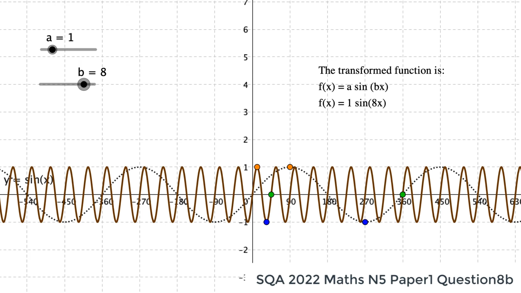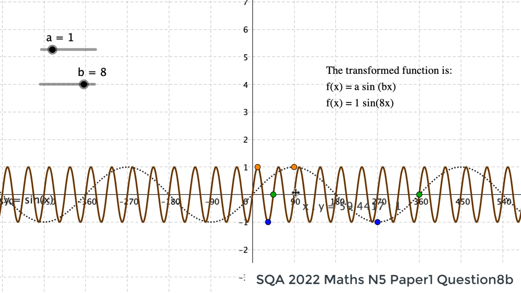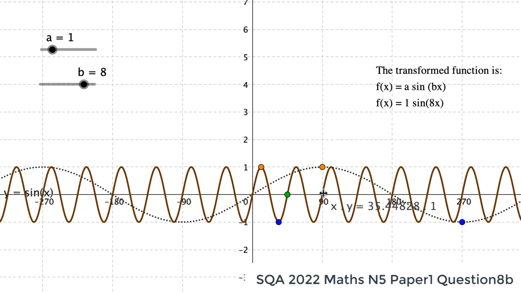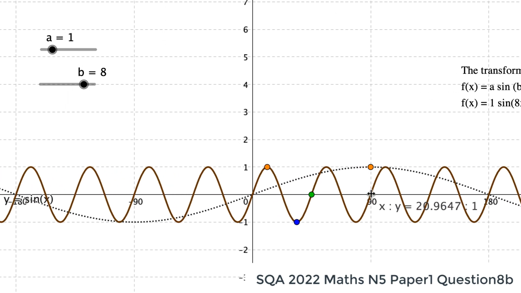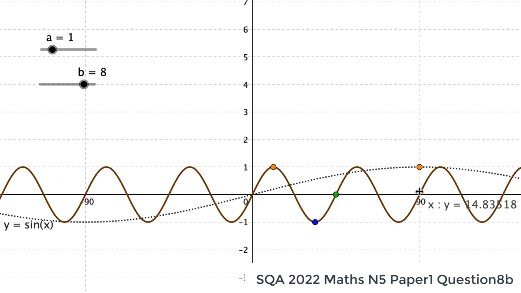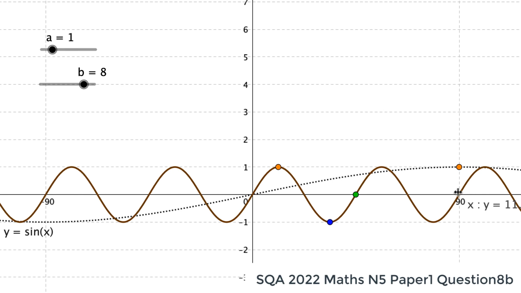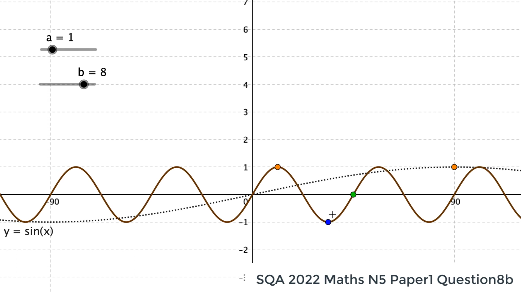Now, we should be able to extend this axis and we'll now have a graph that's a bit closer to the one in the question. There's 90 degrees, halfway between 0 and 90 is 45.